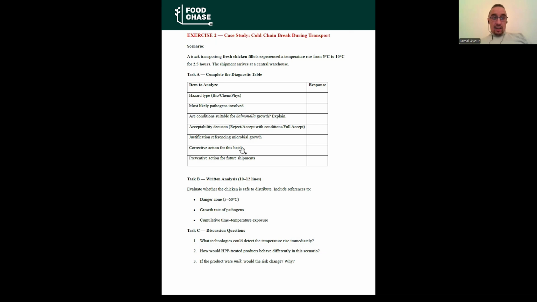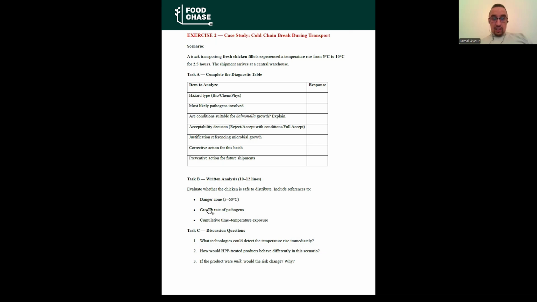Then decide to accept or reject for your diagnostic. In this case, reject or evaluate with stricter criteria. That is for task A. For task B, the objective is to write your paragraph analysis.